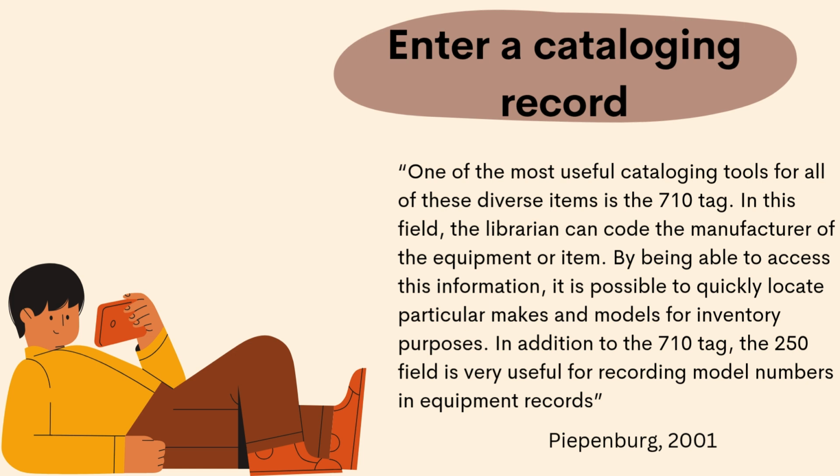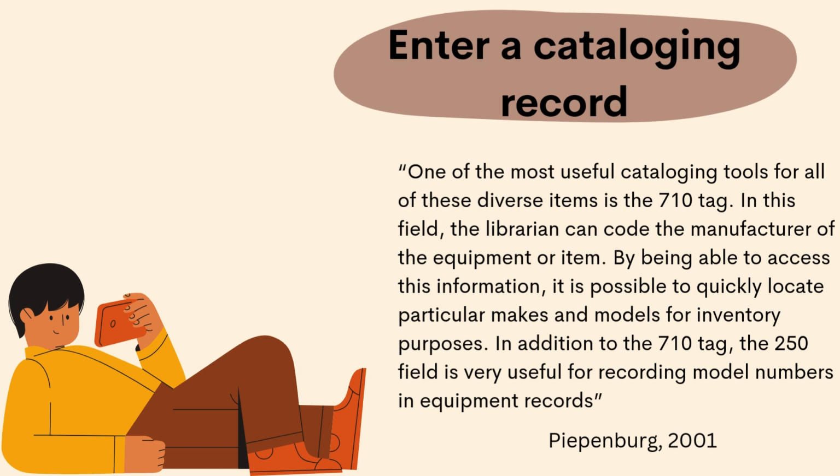Enter a cataloging record. Pipenberg stated, one of the most useful cataloging tools for all of these diverse items is the 710 tag. In this field, the librarian can code the manufacturer of the equipment or item.